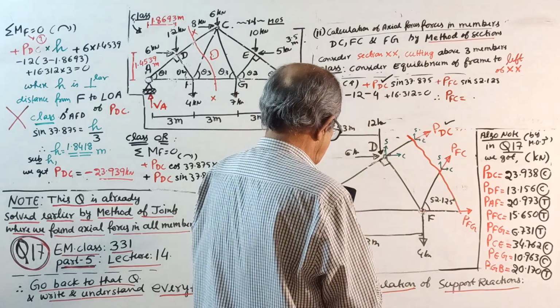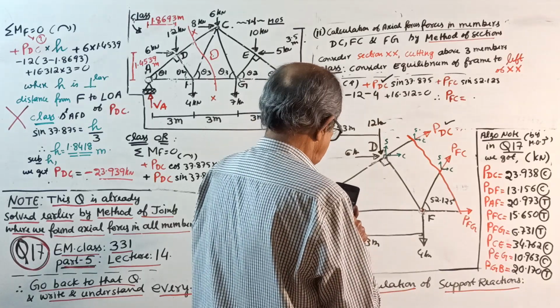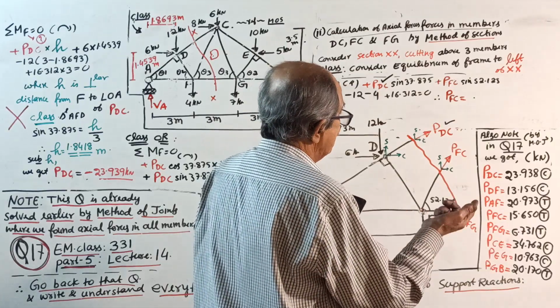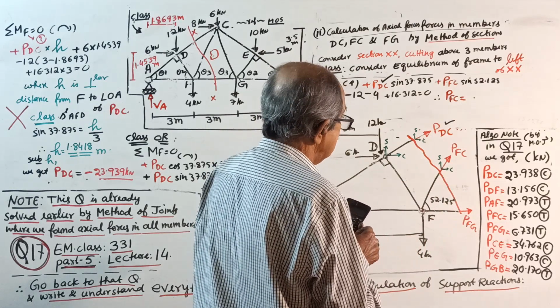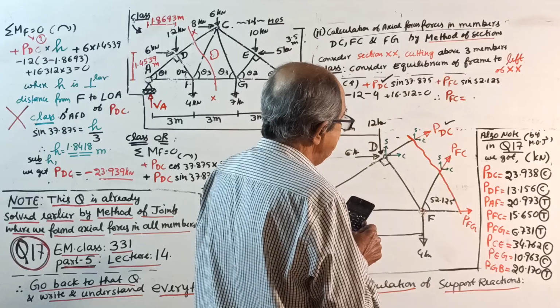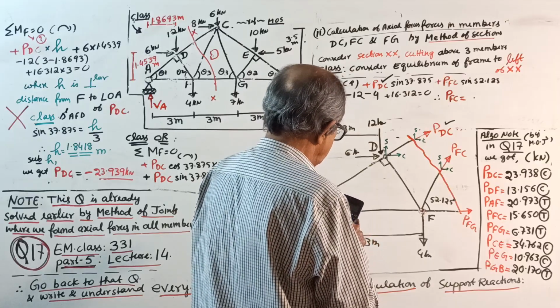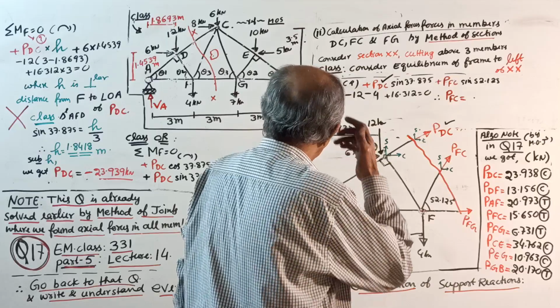Minus 12 minus 4 plus 16.312 is minus, becomes positive that side. 14 point, but it is 15 point. How? Divide by sine of 52.125, 18 point. Something is wrong in the calculation.